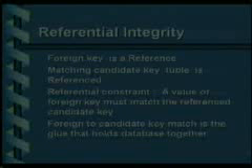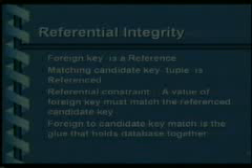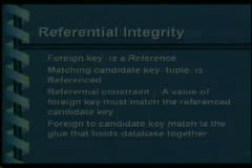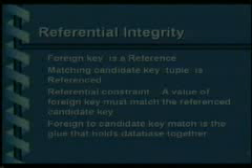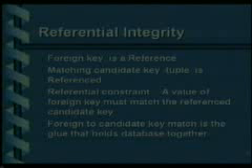So in all database management systems, we are putting these kinds of constraints. Now what is referential integrity? A foreign key is a reference from the student table to the TLC table. The matching candidate key tuple is referenced. Referential constraint, what is it? A value of a foreign key must match the referenced candidate key.